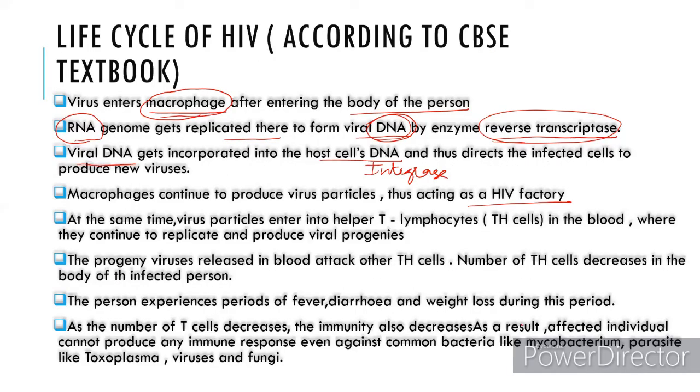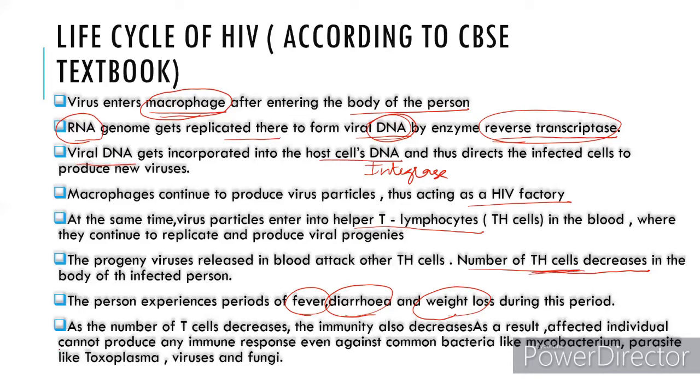At the same time, the virus particles enter into helper T lymphocytes, so it infects the helper T cells. The number of T cells decreases. During this period, fever, diarrhea, and weight loss happen. You need to understand that T cells are required for immunity. It helps build up the immunity.